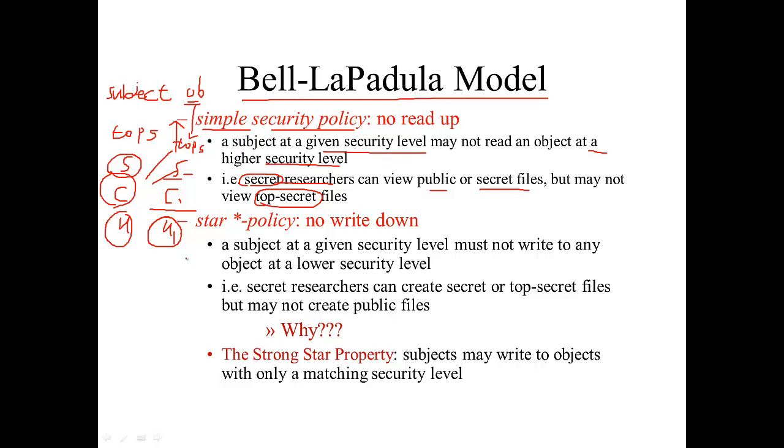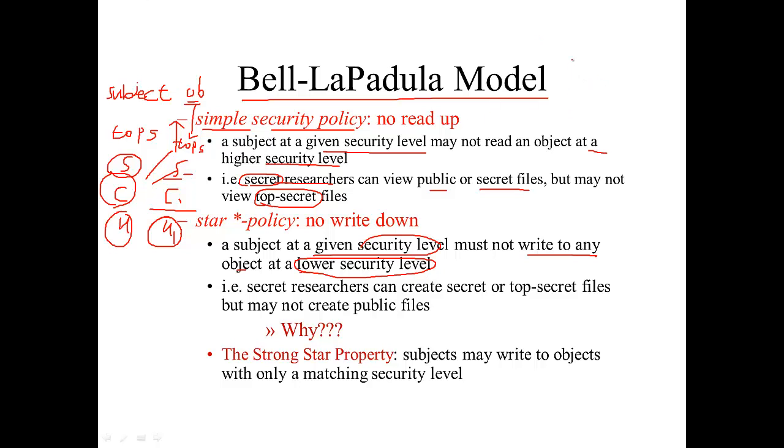Another security policy is called the star policy, meaning no write down. What does this mean? This means a subject at a given security level must not write to any object at a lower security level. For example, we use the same levels.